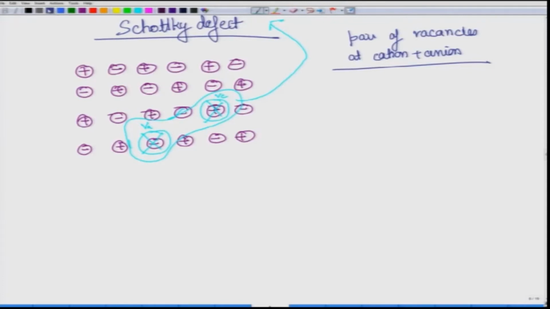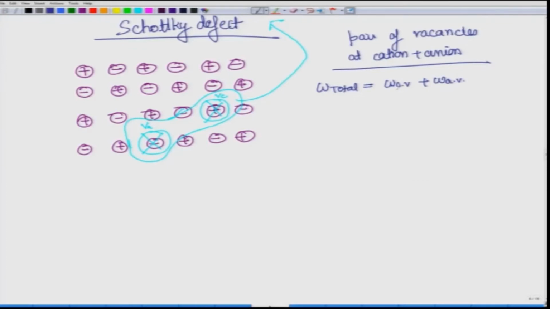So, now that we know what a Schottky defect is, we can very easily formulate the relation, the equilibrium concentration for this. Again, like in the Frenkel defect, we know that W total is equal to W cation vacancy times W anion vacancy.